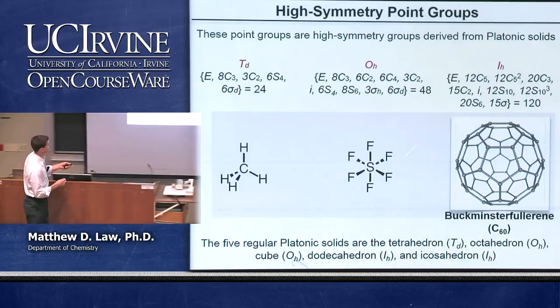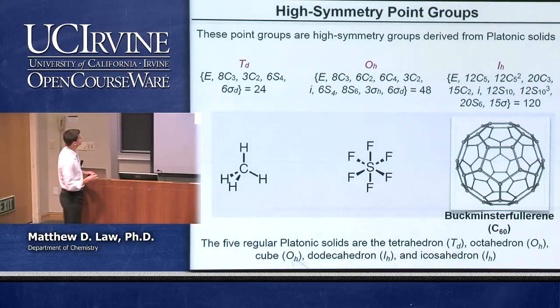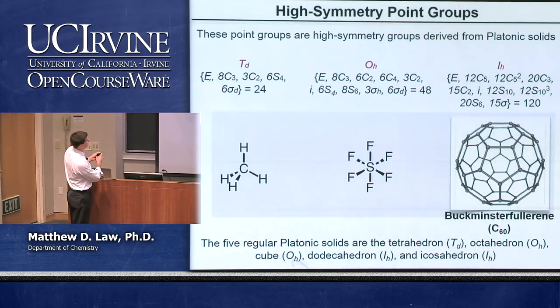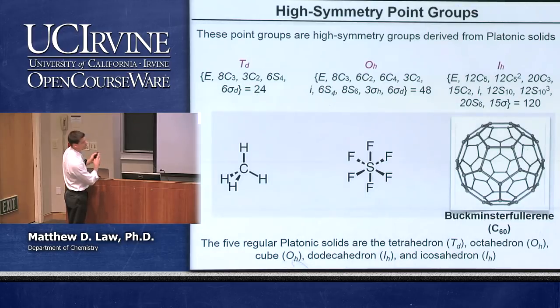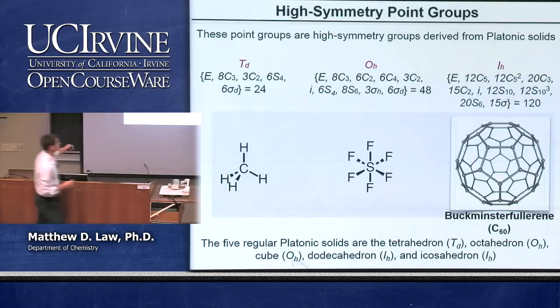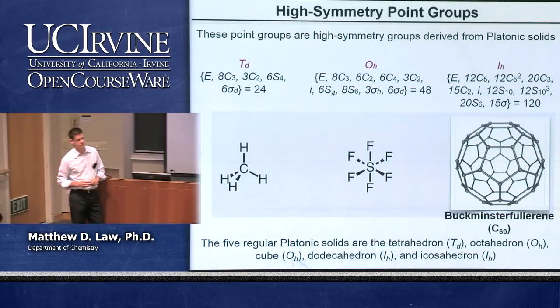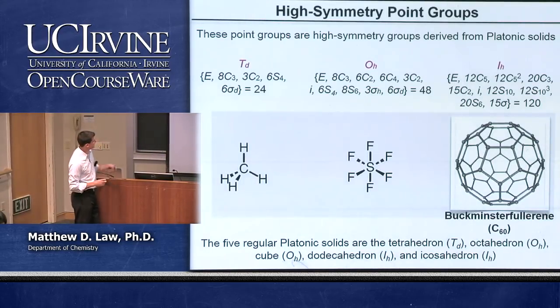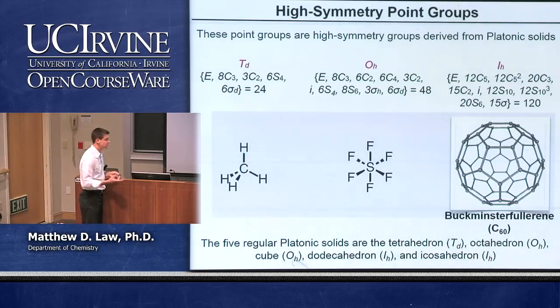Let's look at the 3 different main point groups here. The tetrahedral point group has all of these operations. There are 24 total operations in the complete set for the tetrahedral point group. A great example, of course, is methane, the most familiar example. What distinguishes tetrahedral symmetry is that you have 8 individual C3 operations.